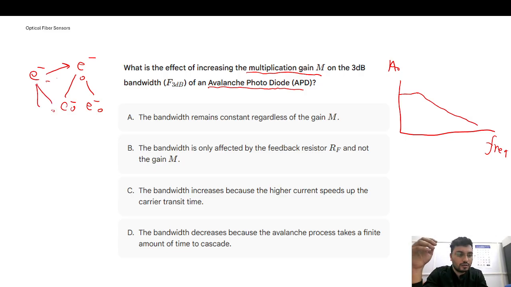So it is taking time, and that's why the 3 dB bandwidth is reduced. Increasing the gain, the APD will increase the gain but decrease the bandwidth.